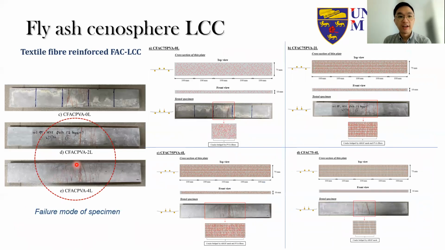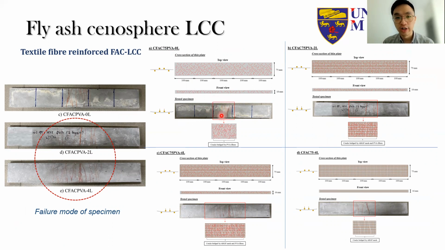So when we look at the failure mode of the specimens, in the fly ash cenosphere containing PVA fibers, the first one over here, without any mesh, you can see that there are only a few crack lines.